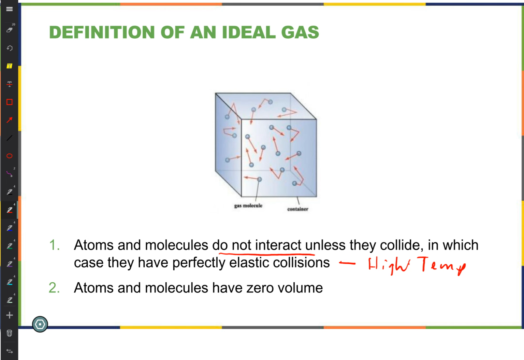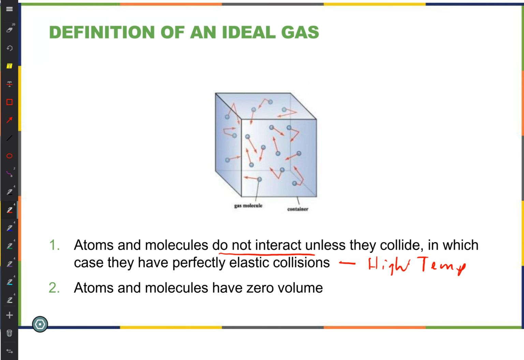But then we have the second rule. Atoms and molecules have zero volume. We all know that's not true. So what do we say to make it approximately true? We say, well, if the density is low, then the space between molecules is really large compared to the size of a molecule.